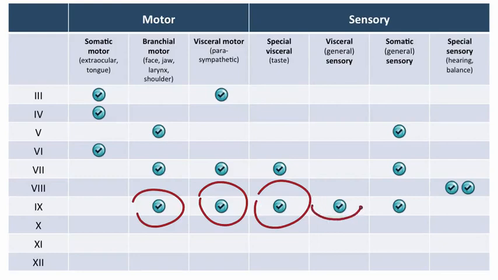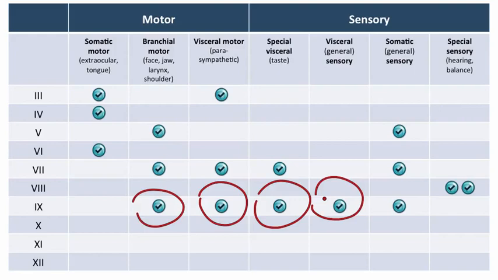There is an interesting general visceral sensory signal that is conveyed via the glossopharyngeal nerve, and this is coming from the carotid bodies, which are chemosensory structures associated with the bifurcation of the common carotid into its internal and external parts. And so this is very important in regulating blood pressure. The carotid bodies are important for sensing the chemical composition of the blood, which then can feed back into the regulation of blood pressure, of cardiac output, as well as respiration rate.